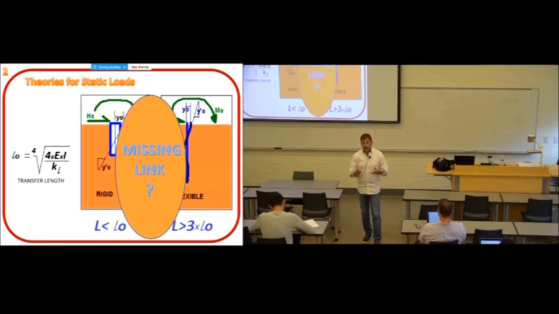What the teachers told us, and maybe your teachers too, if you are between rigid and flexible, L less than L0 and L more than 3L0, what if you are at L equal to 2L0? The teacher will tell you, it's your decision. Do some interpolation, use your judgment.